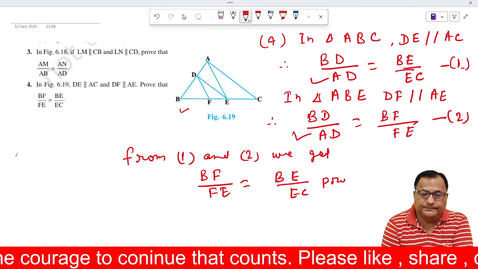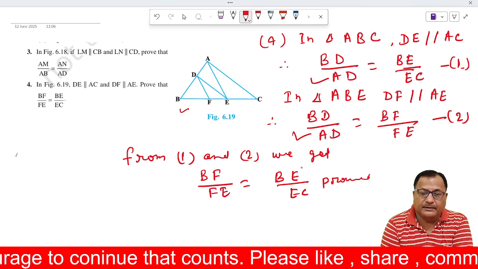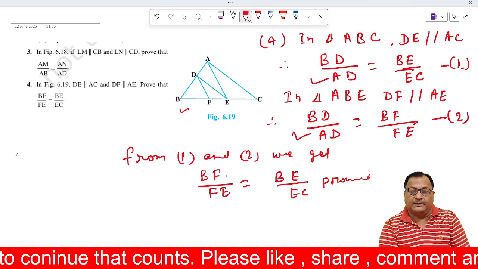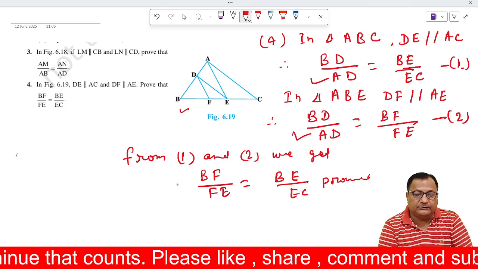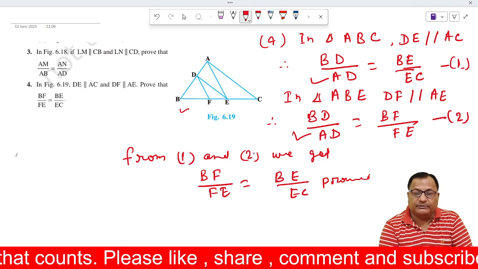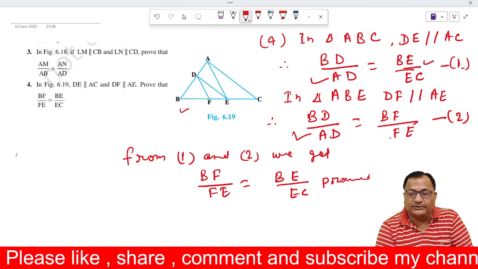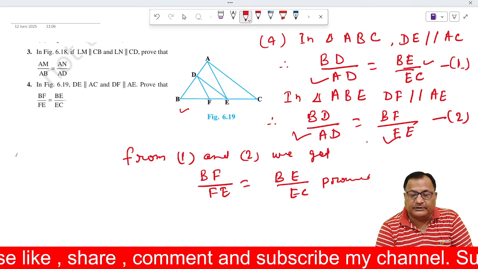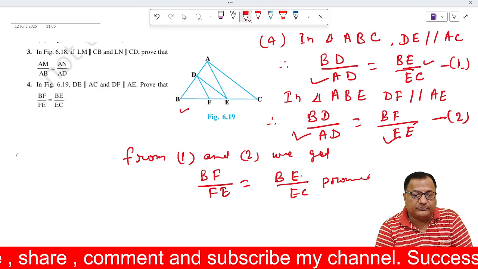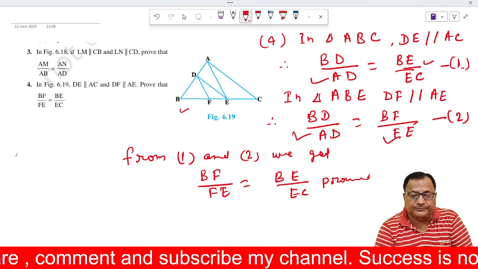All four are equal, meaning BD by AD, this and this, all are equal. So this we have to prove, BF by FE equals BE by EC.